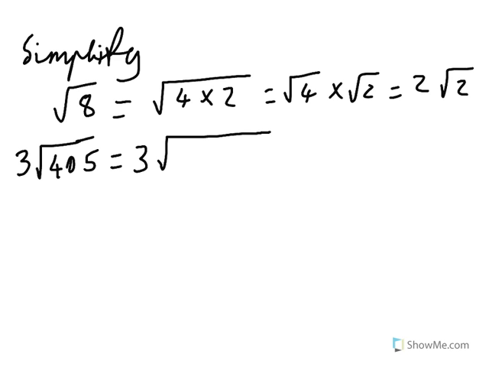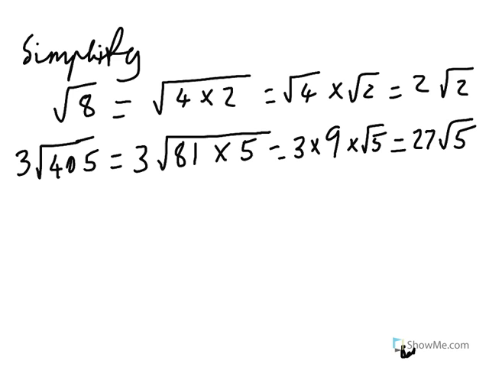I'm reckoning that 5 will go into it, which it does, and in fact it goes 81 times. 81 is something we can simplify, because the square root of 81 is 9, and so 3 nines are 27, so 27 root 5 for that one. So really we are looking for the numbers in these positions to be perfect squares.